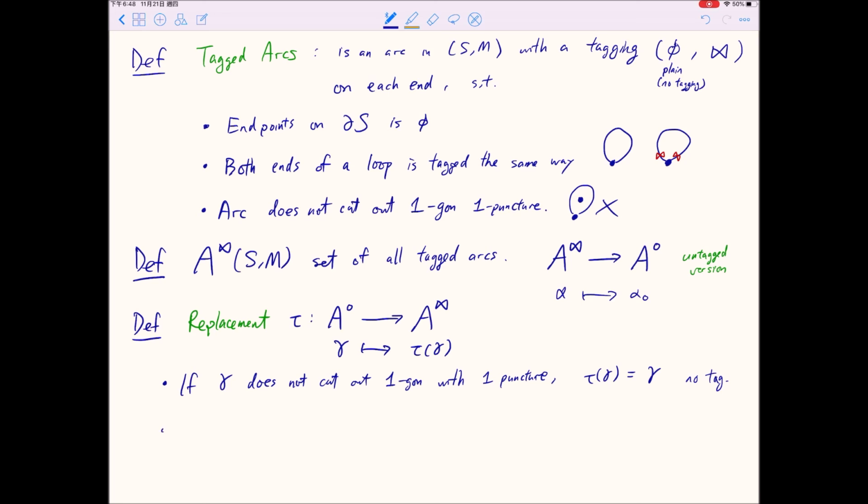So what happens then? If your original arc cuts out a one-gon with one puncture, and let's say we label this by A and B, then we will replace this with a tagged arc where the tagging is on the puncture side.